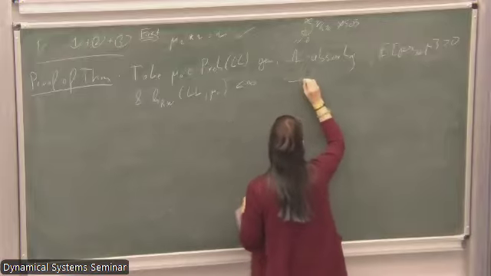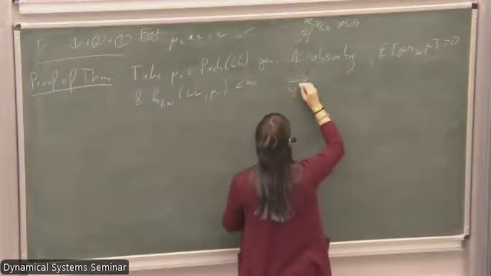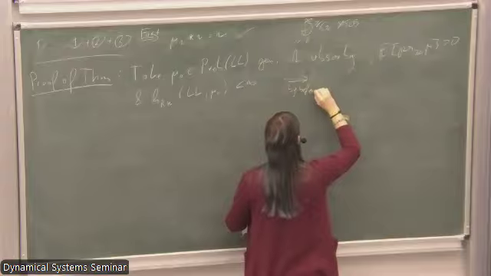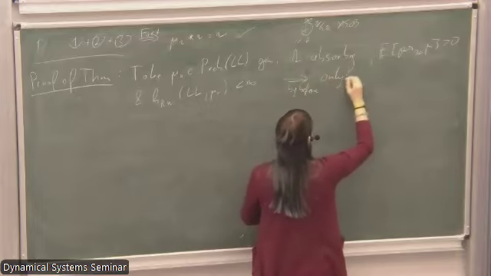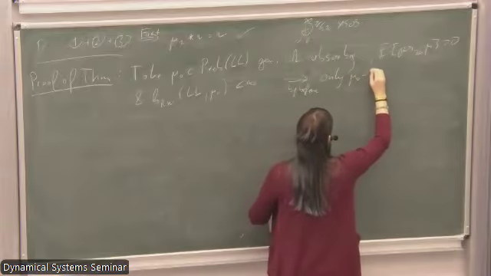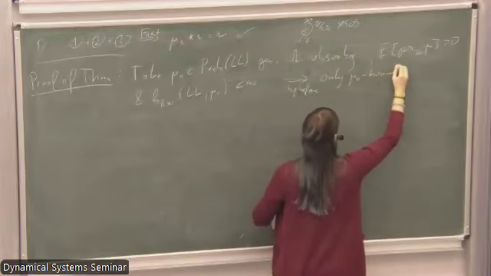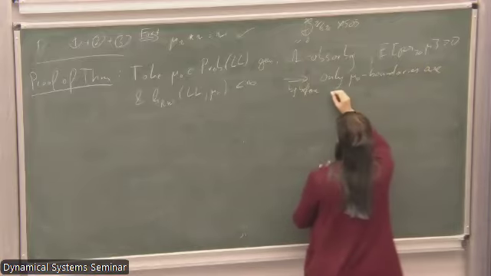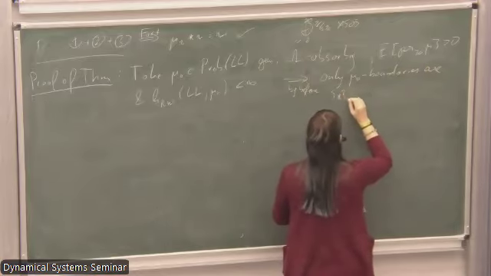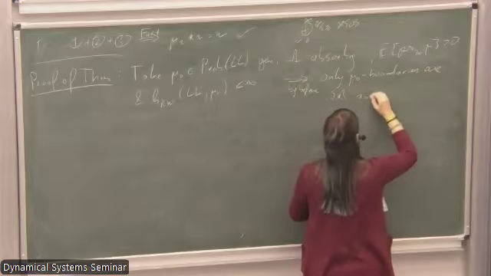So somehow by the before, it implies that the only mu0 boundaries are the trivial one and the Poisson boundary.